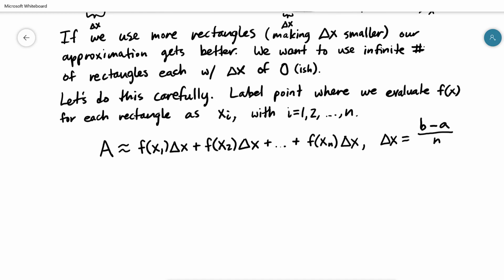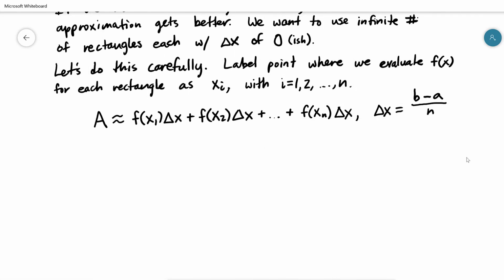If we use summation notation, because that's all we're doing here is summing up a bunch of things, and we use our index notation here, I can rewrite this as the sum from i equals 1 up to n of f of xi times delta x, where again delta x is equal to b minus a over n.